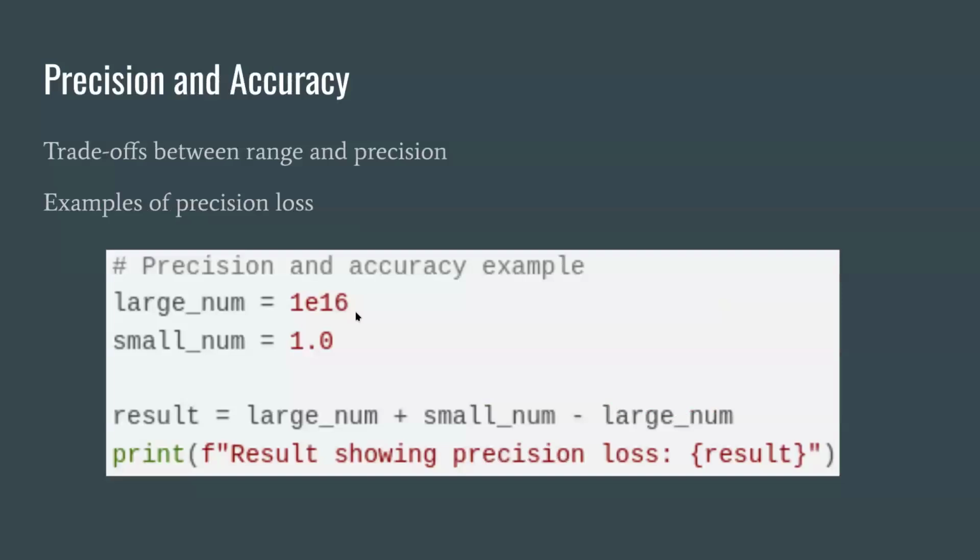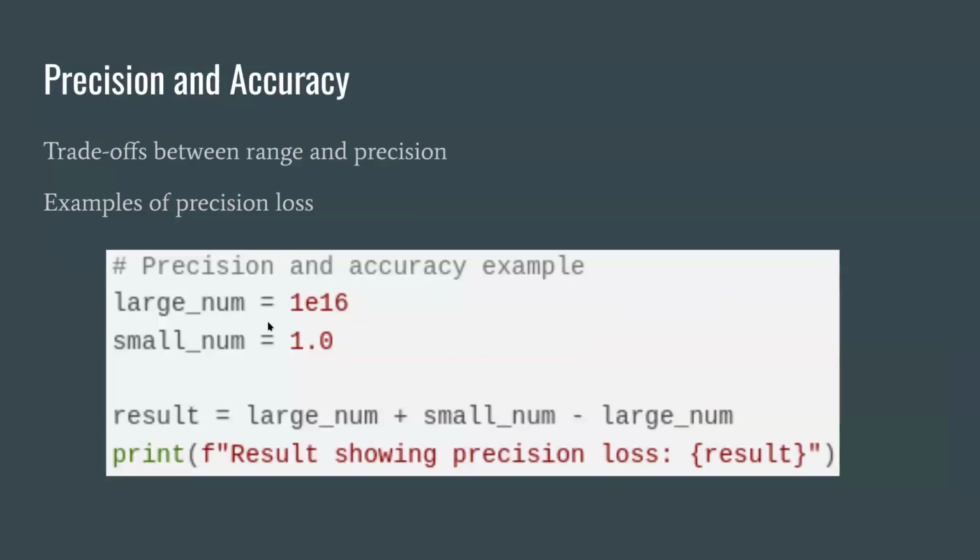This loss of precision can have significant consequences when doing scientific and engineering computations. So understanding these limitations is crucial for ensuring accurate results.